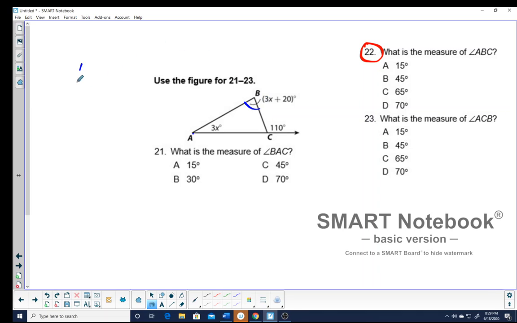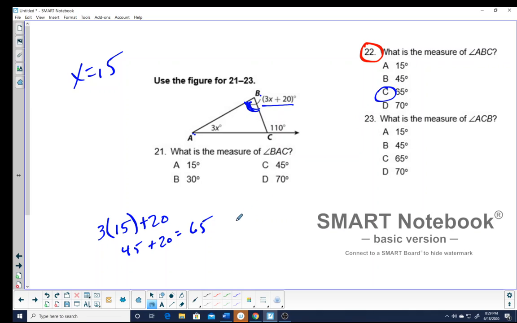Now that we know x equals 15, if we want to know ABC, which is this angle, we can use this expression right here. So if x is 15, that means 3 times 15 plus 20. I'm just substituting 15 where the x is. So that becomes 45 plus 20, which is 65, right? So C is the answer on that.